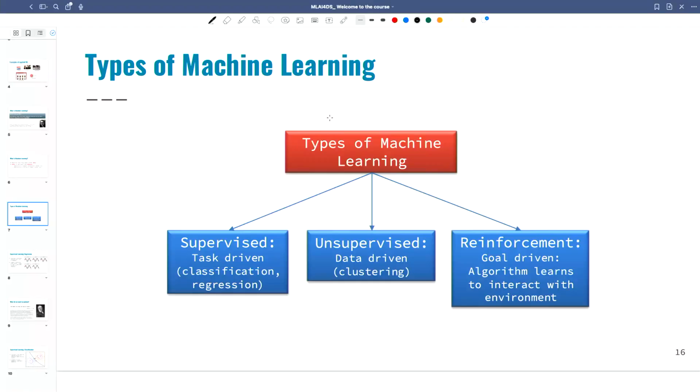Let's see what's happening in supervised and unsupervised. In most cases, we have a table, guys. So this is our table. Here we have X elements, here we have Y elements.